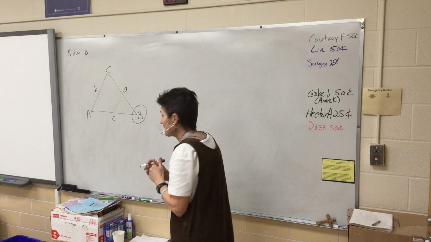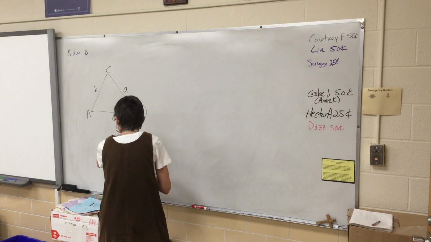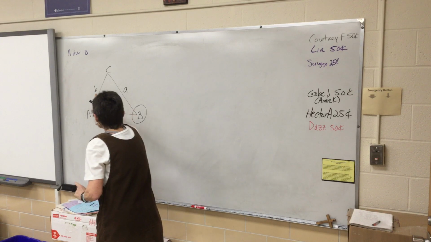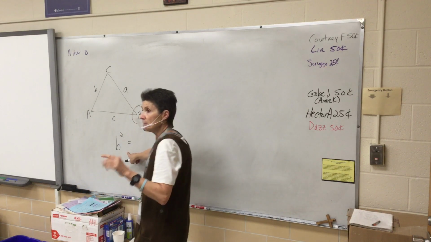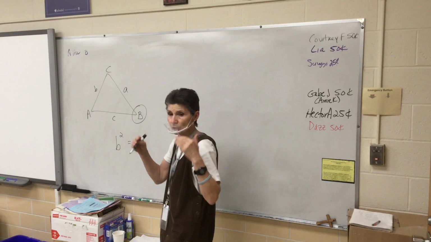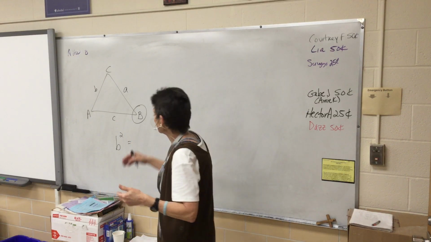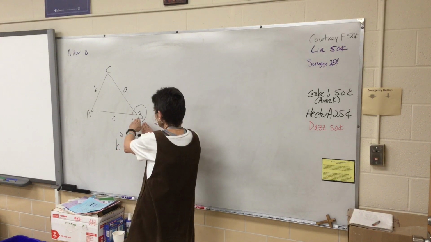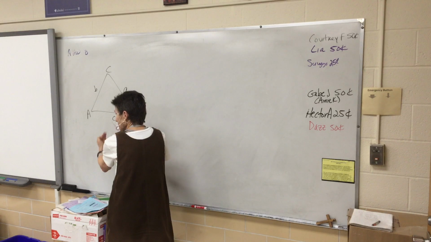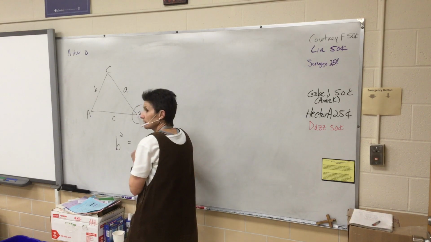If that's the case, then when I write my law of cosines, over here, all by itself, will be side B squared. Remember, the law of cosines has one angle. When you do it, you'll be using one angle only. If that angle is angle B, then over here, all by itself, the only thing on this side of the equation will be B squared.